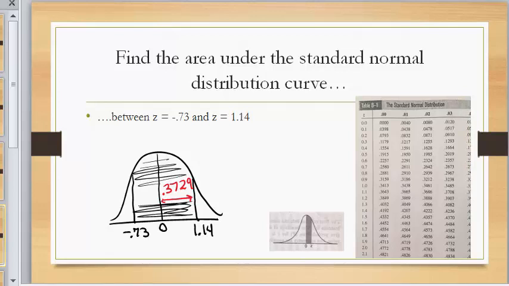The other one is 0.73. So we're going to mark the 0.7 and the 3 and intersect those two. And so that's going to give me 0.2673 for this part. And again, when we look up an area in the table, we're going from 0 to the number that we looked up.